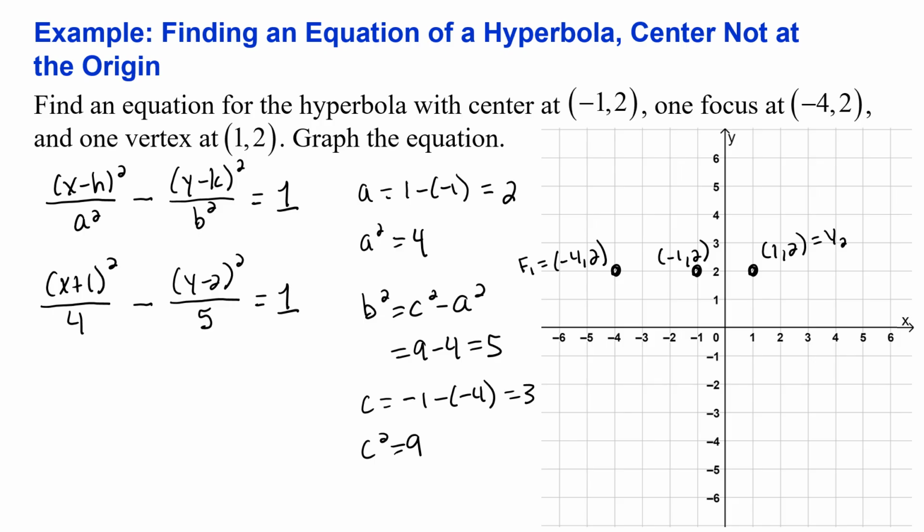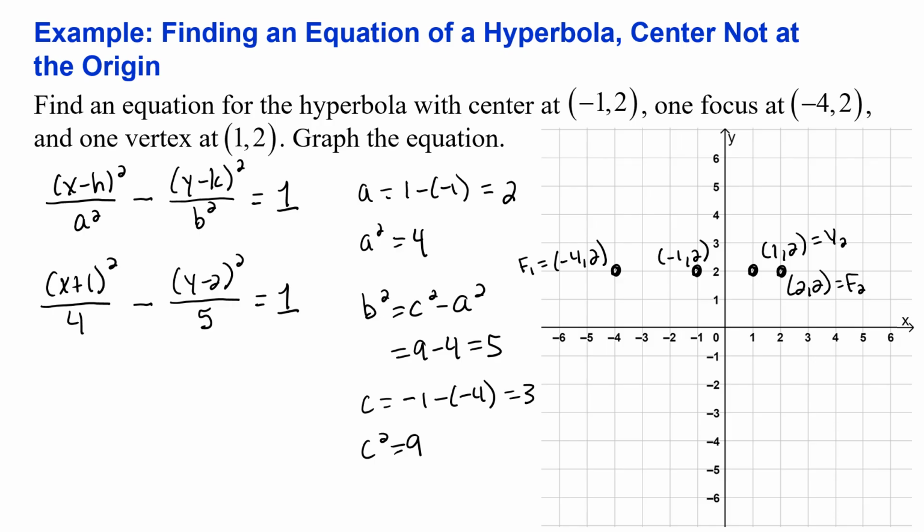We were told one focus is at the point -4, 2, and we determined the distance from the center to this focus was c equals 3. Now, since this focus is to the left of the center, the second focus will be 3 units to the right of the center at the point 2, 2, which we'll denote as f sub 2. And next, we're told one vertex is at the point 1, 2.